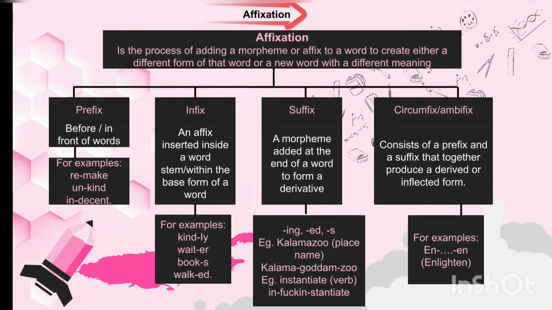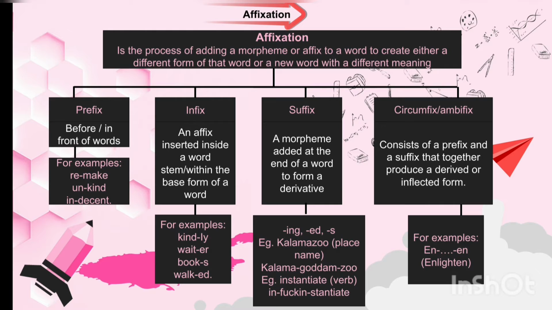Okay, the last for me is about affixation. Affixation is the process of adding a morpheme or affix to a word to create either a different form of the word or a new word with a different meaning. First is prefix.